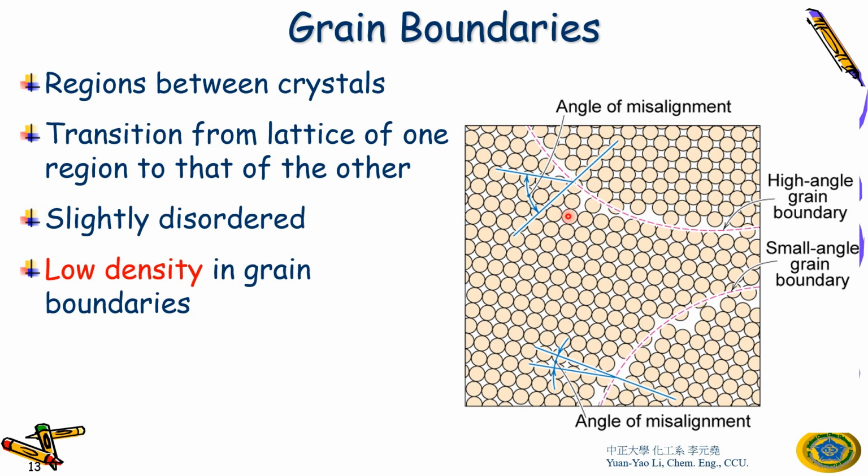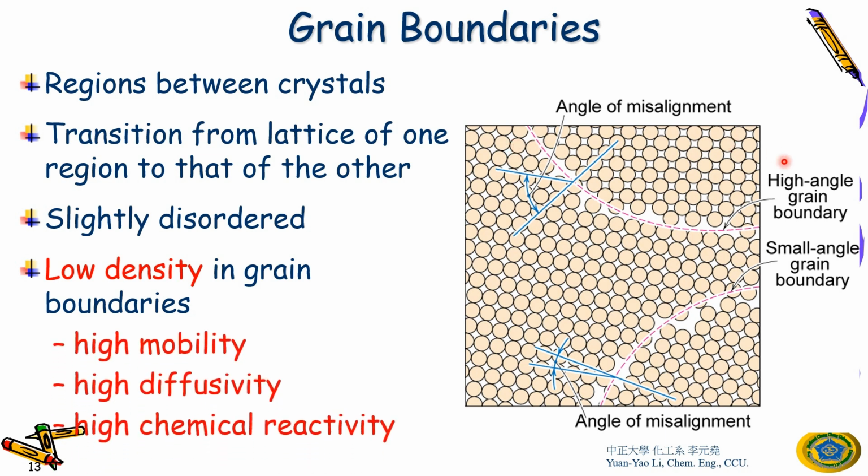So in this region, there is a low density in the grain boundary, because the density here is high compared to this part. And this boundary, for example, is a high angle boundary, because this grain goes this way and that grain goes that way.